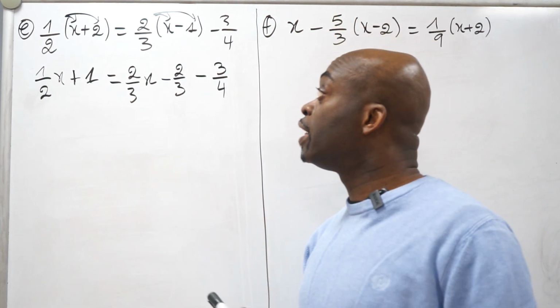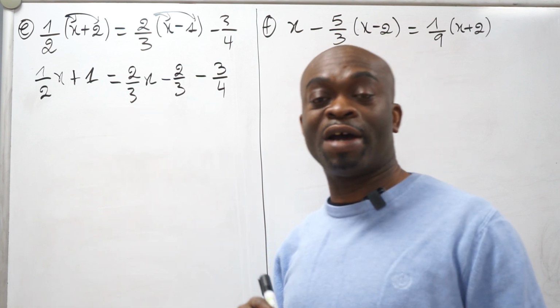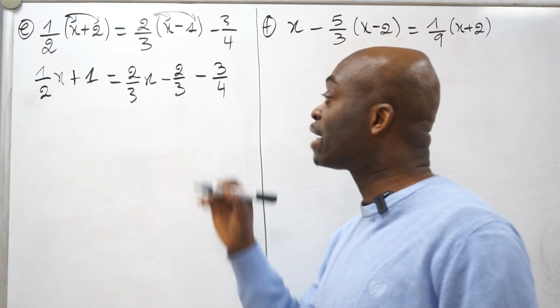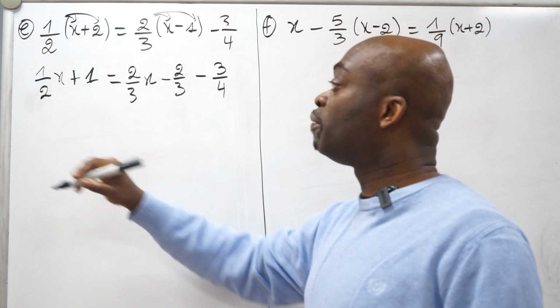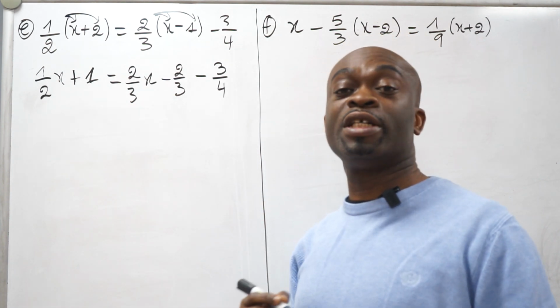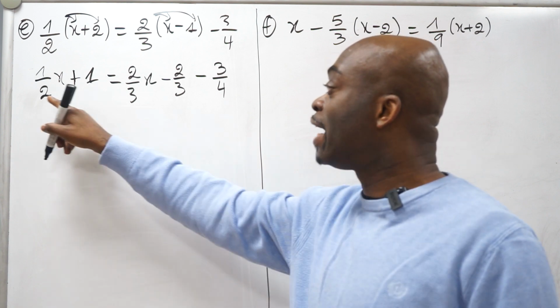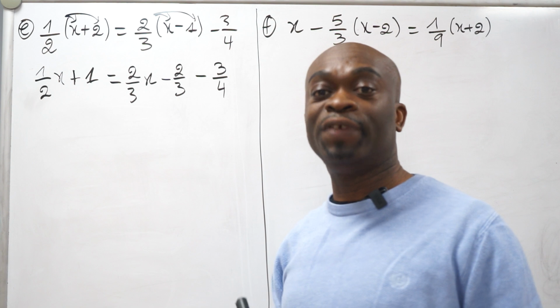So the next thing you do is find the lowest common denominator, because we have denominators here to deal with. We have fractions. So the lowest common denominator would be what? We have 2, we have 3, and then we have 4. The lowest common denominator is the lowest number such that it can divide 2, 3, and 4 evenly.